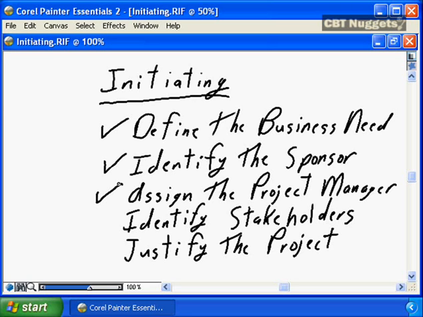I agree 100% with that PMBOK definition. The earlier the project manager is assigned to the project, the more ownership, the more understanding, the more continuity the project will have. So as the PMBOK insists upon, I agree, assigning the project manager is an activity that should take place during initiating.